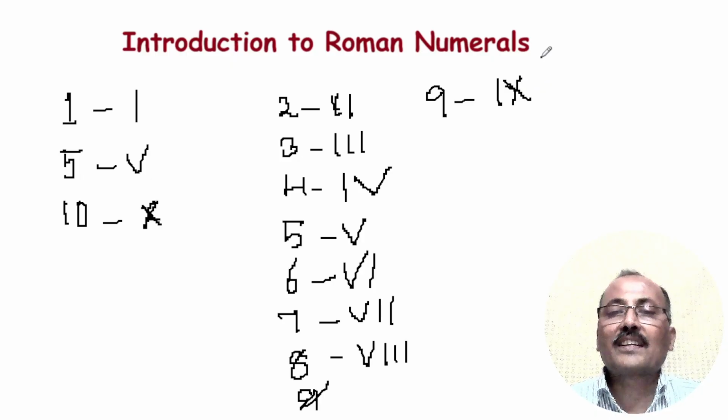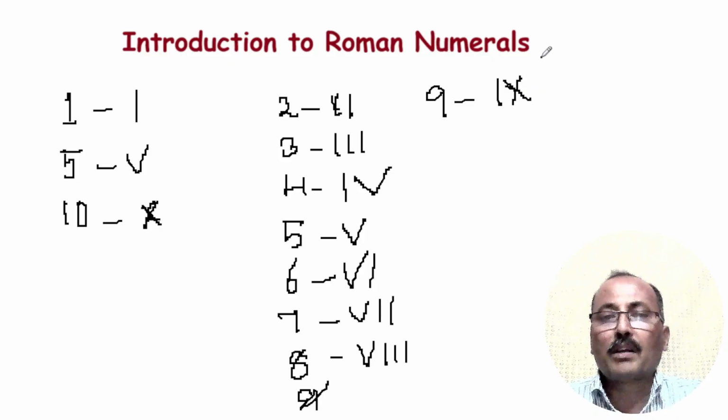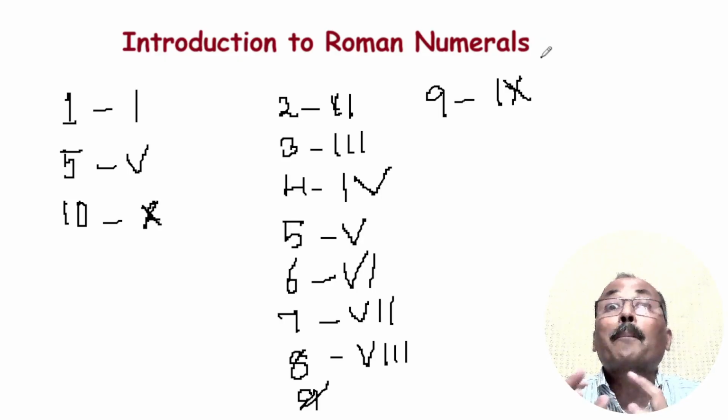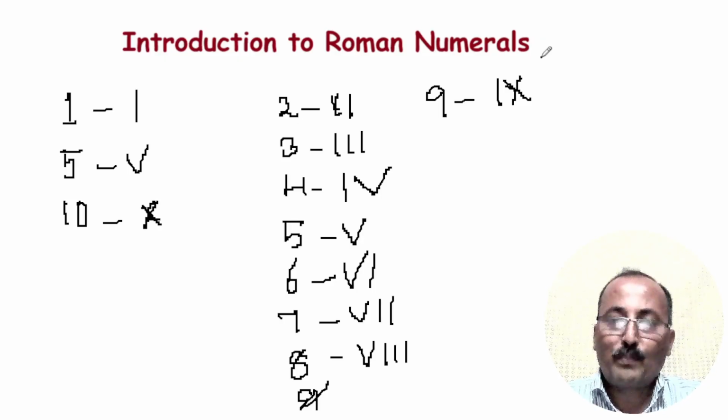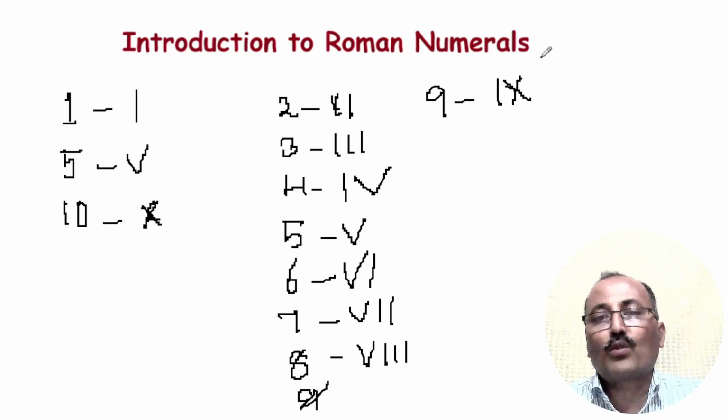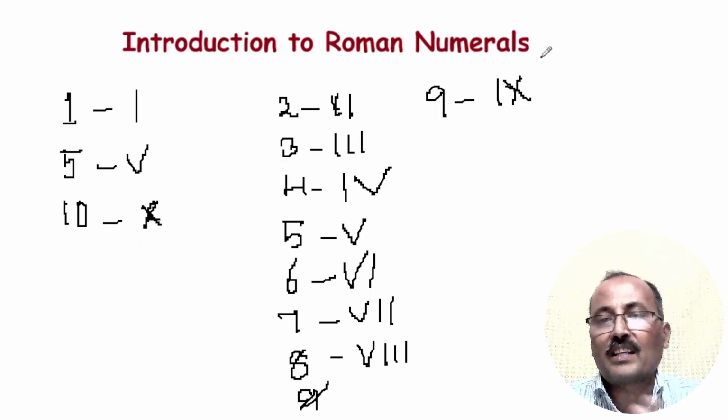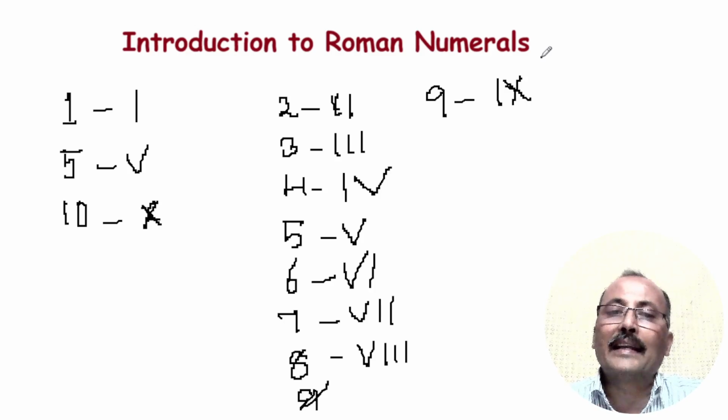You have to understand, when a smaller number comes before a larger number, it has to be subtracted. When a smaller number comes after a larger number, there is no problem, it can be added.